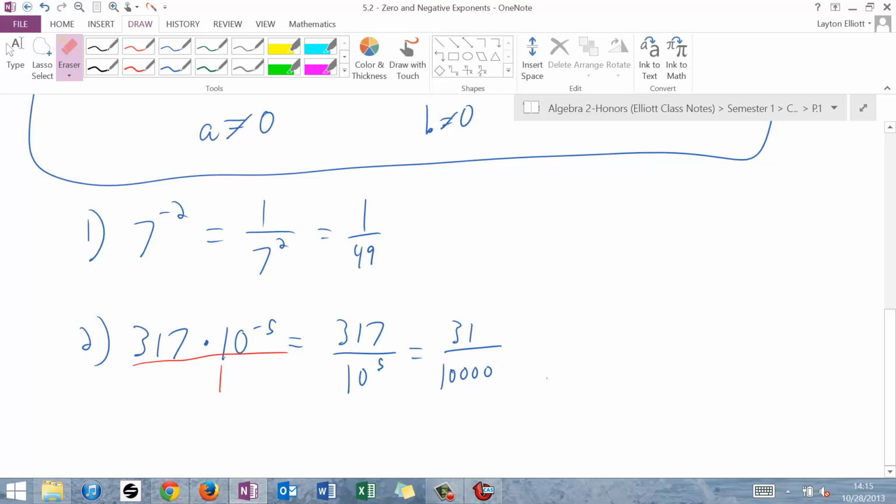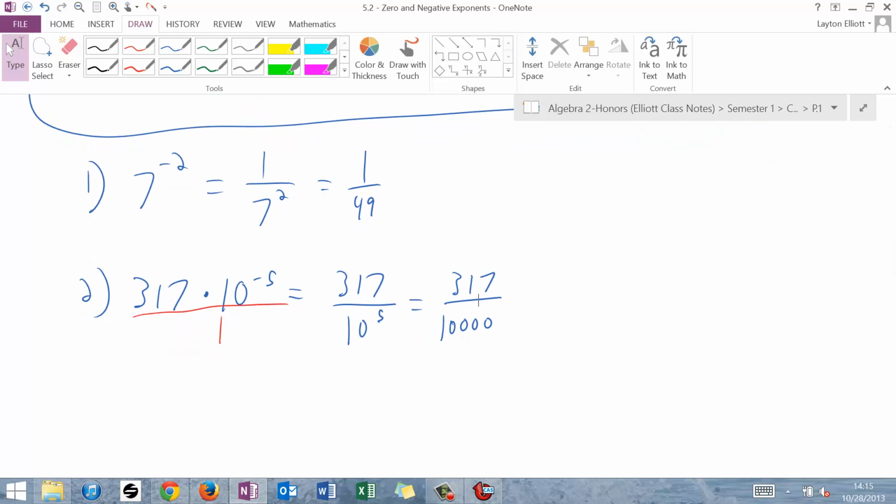As a side note, I can't reduce that because 10,000 is made up of 100 and 100, which is made up of just 10s and 2s and 5s, and 317 is not divisible by 2s or 5s.